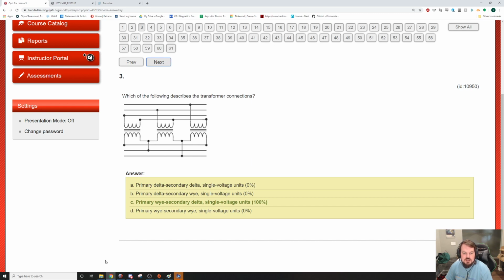Then the other side is connected to two coils, but not a line. Then down here you can see that it's connected to the line and a coil.